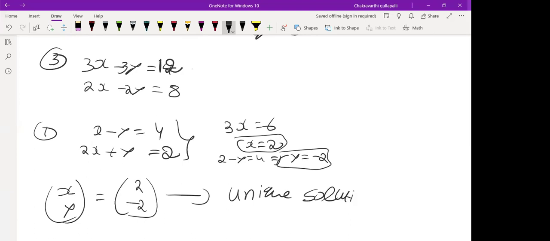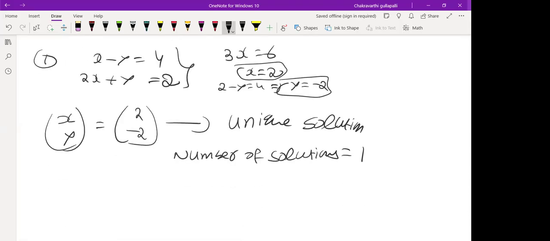We are getting only one set of x and y satisfying. Only one solution. So we denote this graphically.